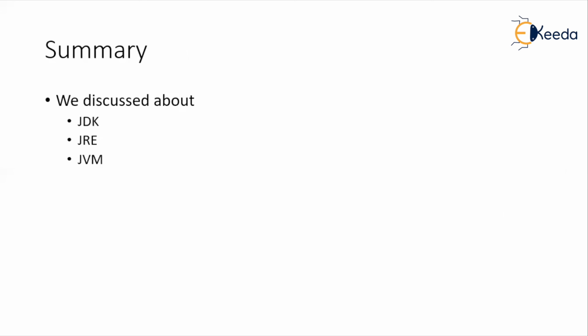We have already completed the installation of Java on our systems, so all these three things, JDK, JRE, and JVM, are already available on our systems. So we are now ready to develop Java applications and execute them, which we will be covering in forthcoming sessions.